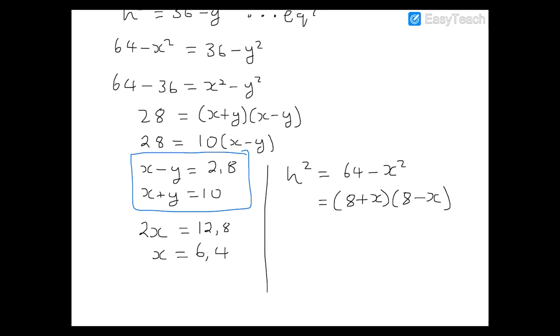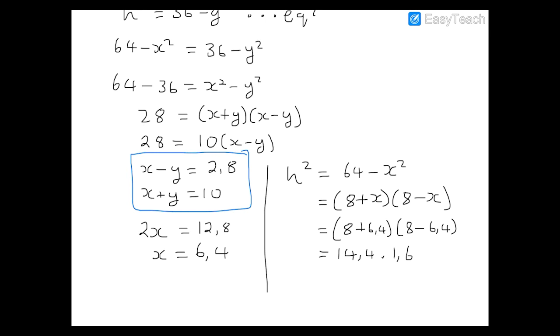And if I substitute my x, I get 8 plus 6.4 and 8 minus 6.4. So this will give me 14.4 multiplied by 1.6.